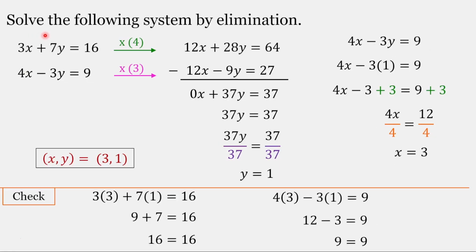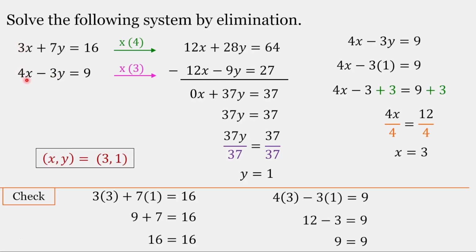For this second problem, I ended up solving this in a slightly different way. So looking at our coefficients, for the x variable, we have 3 and 4, so our least common multiple there will be 12. And then for y, we have 7 and 3, so a least common multiple of 21. So I decided to eliminate the x variable.